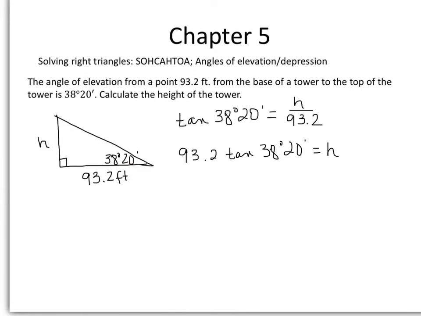And then I simply put this into my calculator, but I have to make sure that I'm in degree mode to do that. And when I do, I get that the height of this is 73.693 feet. And with this being a word problem, I would probably need to write a sentence as well.